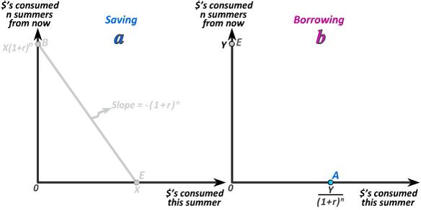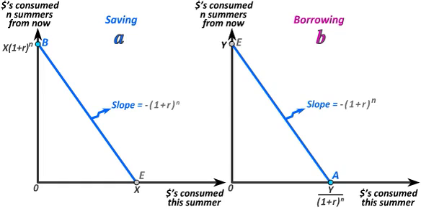In other words, you'll consume at bundle A. And if you borrow less than that and have some left over for consumption n summers from now, you'll end up consuming somewhere along the intertemporal budget constraint that's formed by connecting E and A. Notice once again that the slope of this budget constraint is minus Y divided by 1 plus R to the nth power, which just comes out to be minus 1 plus R to the nth power, just as it did in panel A.